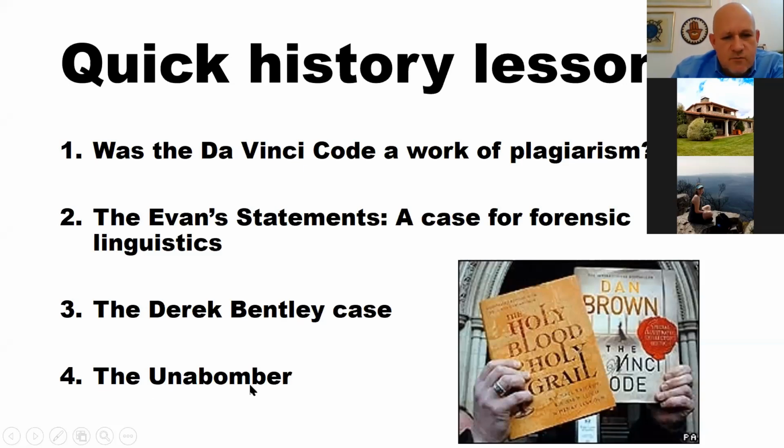And then, of course, anyone who's watched Netflix would know about the Unabomber. Between 1978 and 1995, a man who went by the name of FC, about once a year, sent a bomb through the post, usually to universities or airlines, and this went on for a while.